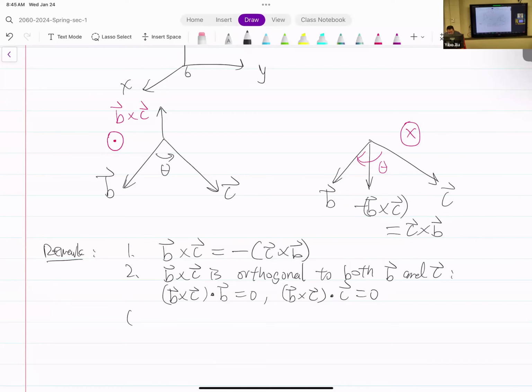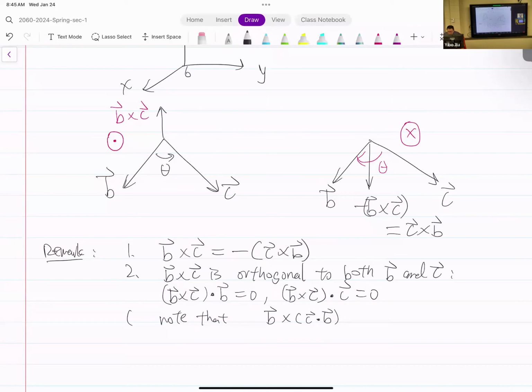So here we see that these quantities actually make sense because a cross gives you a vector, right? So whatever is inside the bracket here is produced from the cross, which is a vector. So you can do a vector dotted with another vector. That's always fine. But note that if you have something like B cross C dot B, what do you think? Does it make sense?